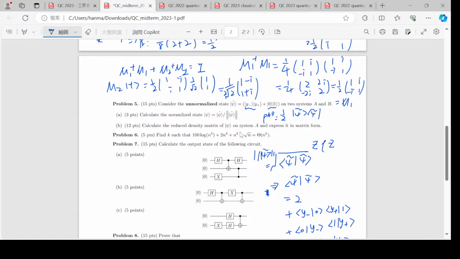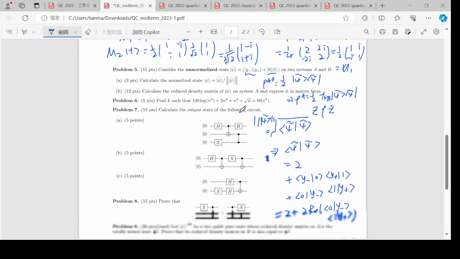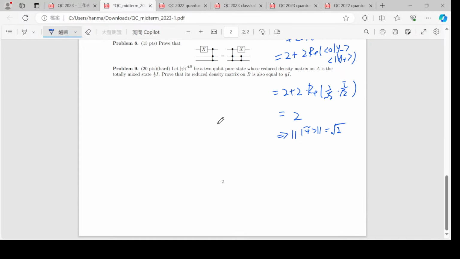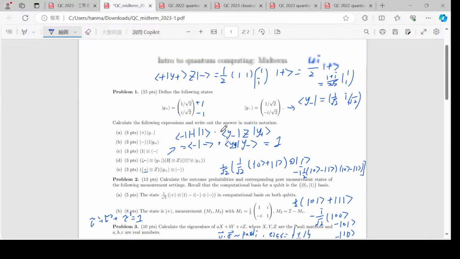Then we want to find rho A, which equals 1 over 2 times trace B of psi tilde. So what's this trace? I think we just need to do this by brute force.